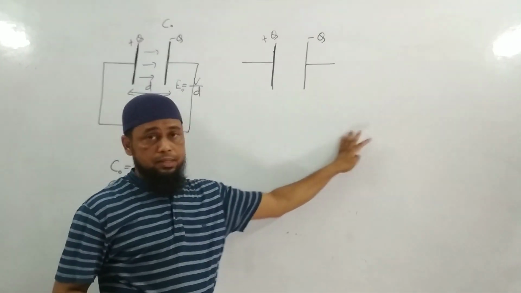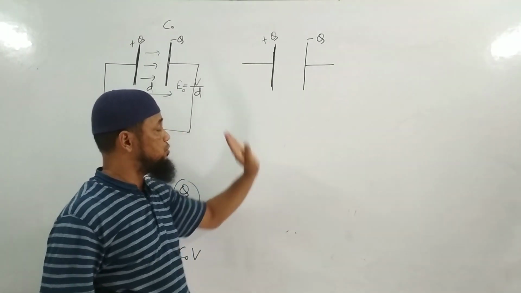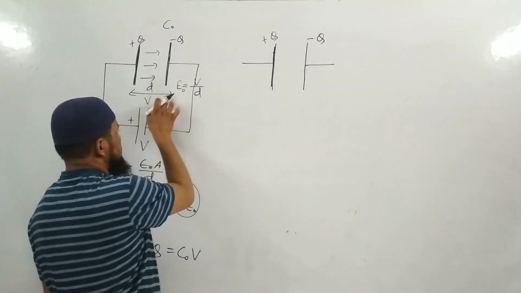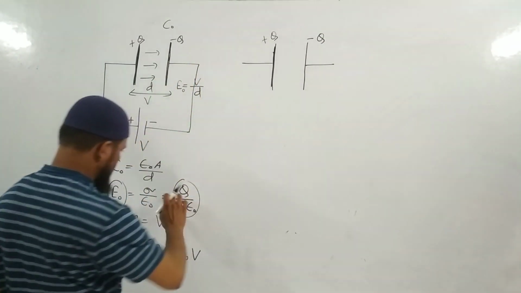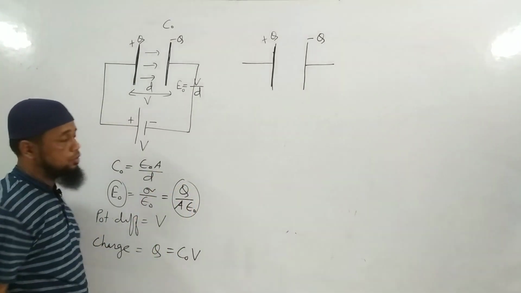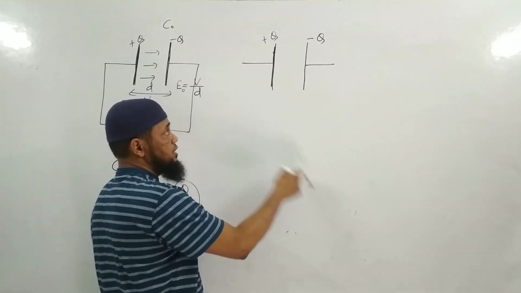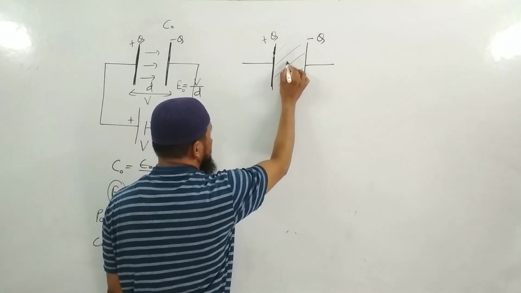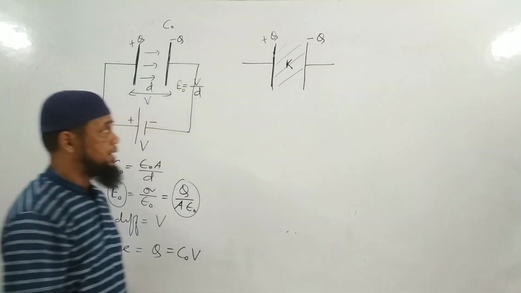Now I am removing the battery. Clear? What is the charge? Plus Q. What is the potential difference? V volt. What is the electric field? Sigma by epsilon naught. Now we have removed the battery. After removing the battery, we are inserting a dielectric. What will happen now?